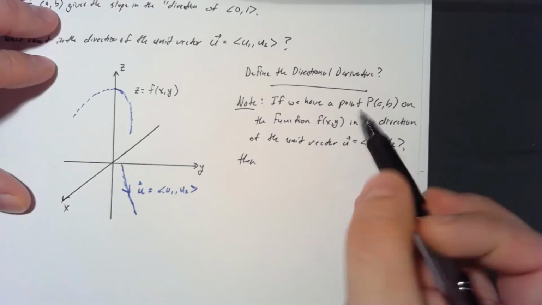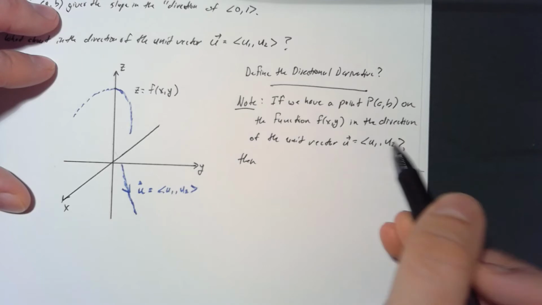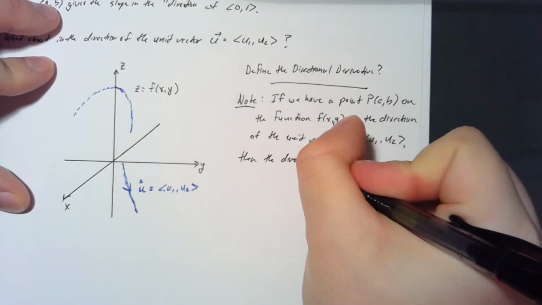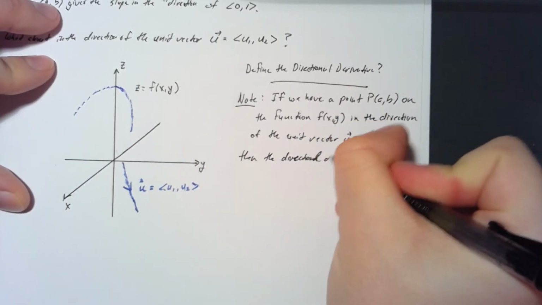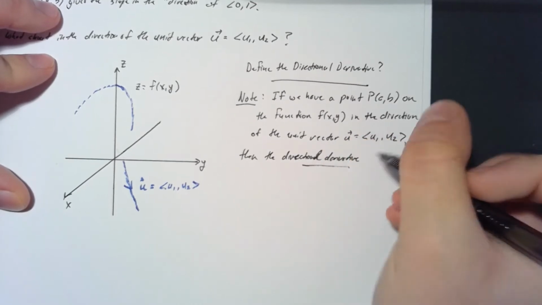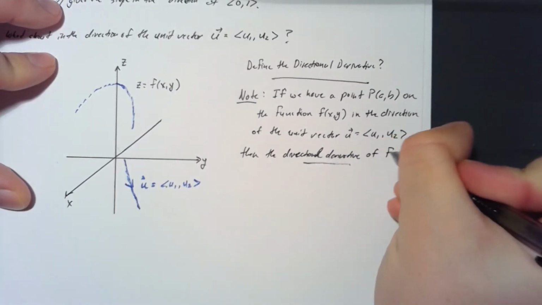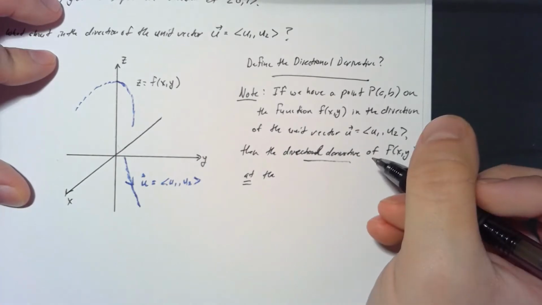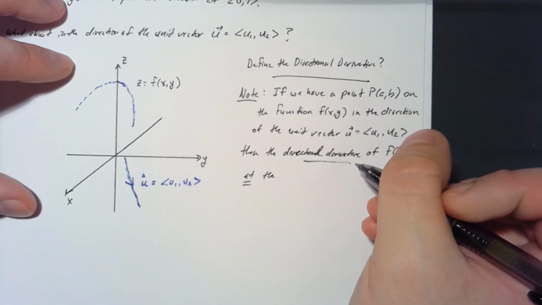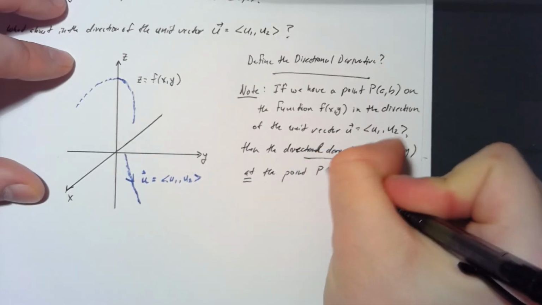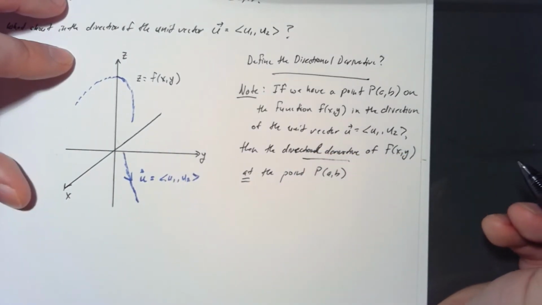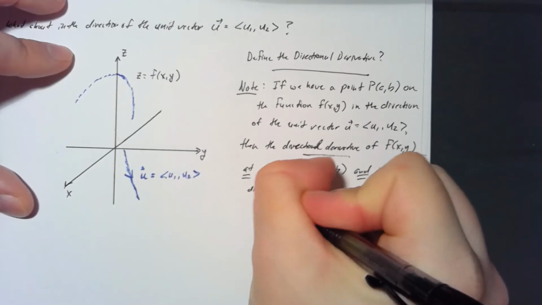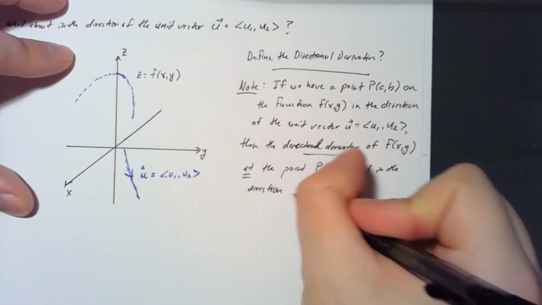So if we have a point P sub A on the function in the direction of u, then the directional derivative of f of xy at, and that's important, at the point P of ab and in the direction of the unit vector u.